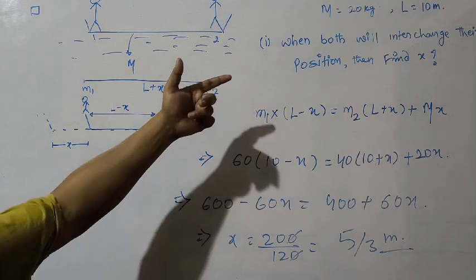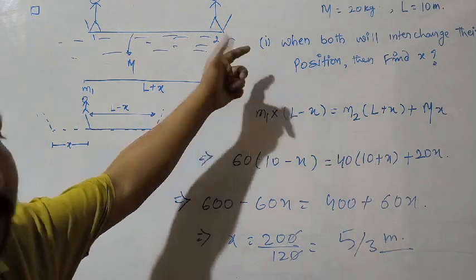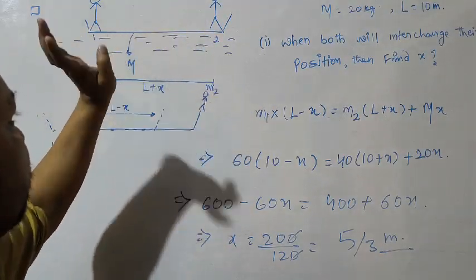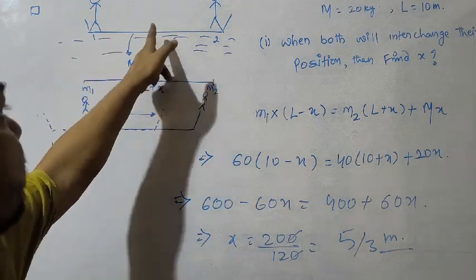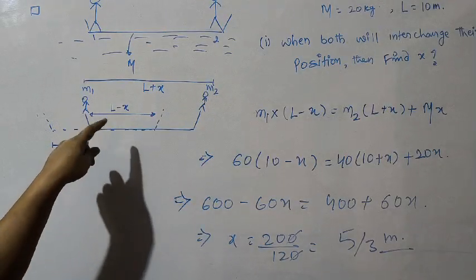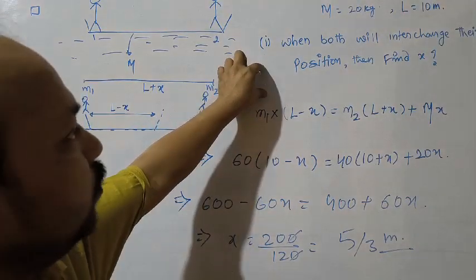Now let's change this question a little bit. Let them not interchange their position, but meet at the center. So I am just erasing this and let's frame a new question.